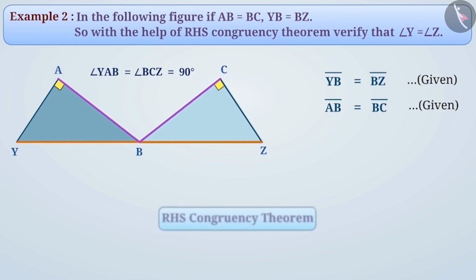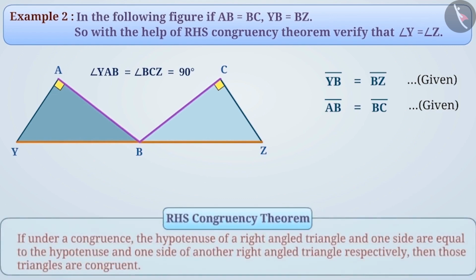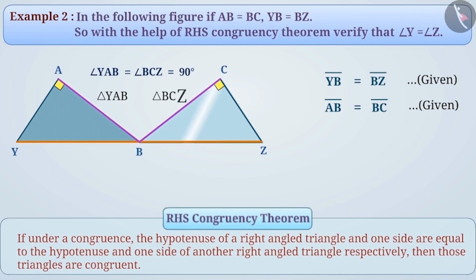We know that the concept of the RHS congruency theorem is that if under a congruence, the hypotenuse of a right-angled triangle and one side are equal to the hypotenuse and one side of another right-angled triangle respectively, then those triangles are congruent. From this we can say that triangle YAB and triangle BCZ are congruent under the RHS congruency theorem.